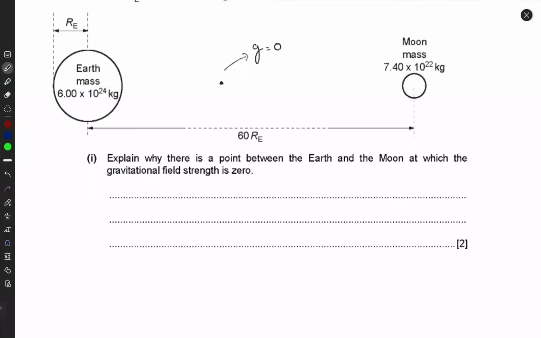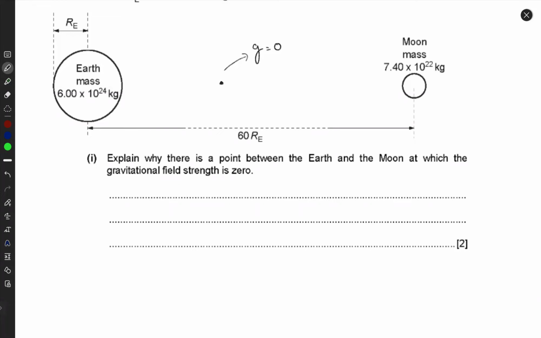Anyone? Any comment on this? Doesn't matter if it's wrong. We'll figure it out, right? Sir, the mark would be towards the moon. Okay, and why would you say that? Because Earth has a greater gravitational field than the moon.